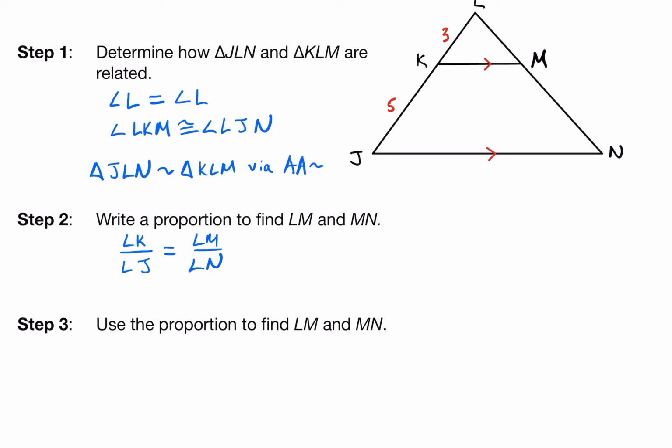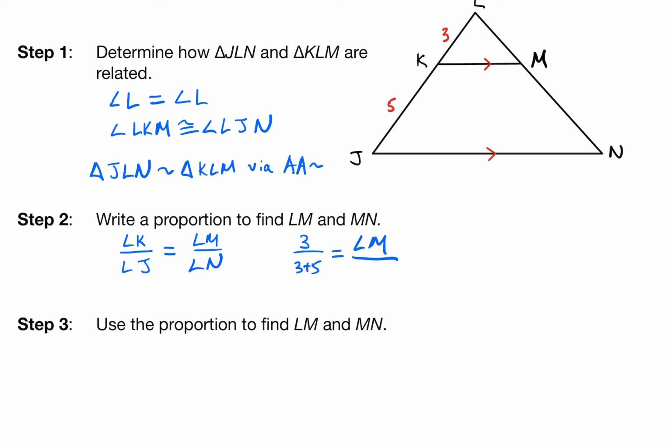Now that we have those proportions, we can go ahead and substitute those segments with known values. For LK, we know that LK is 3, so we can say 3 over LJ. Now watch this. LJ is this entire thing, so that's going to be 3 plus 5. So 3 plus 5 is LJ, and that's going to equal LM, which is what we're looking for, over LN.